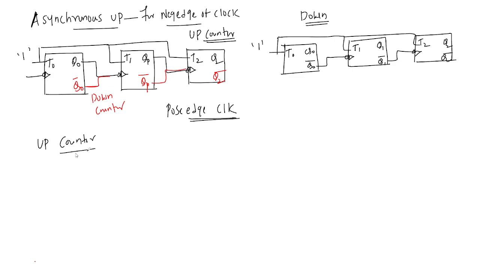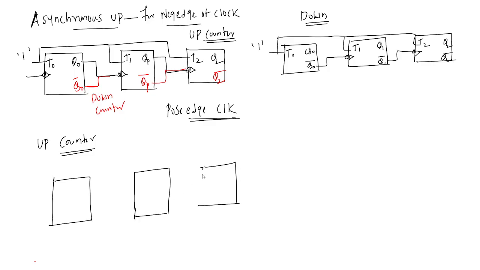Three flip flops are there, and this is the positive edge of clock: T0, Q0, T1, Q1, T2, Q2, with Q0 bar, Q1 bar, and Q2 bar.